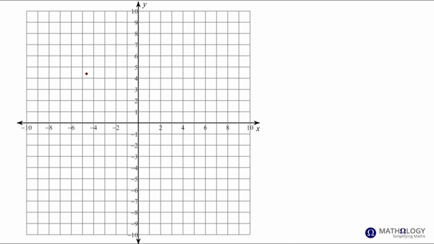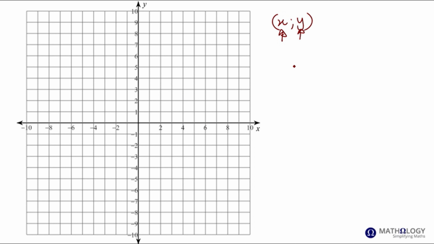We've got 1, 2, 3, 4 quadrants, and in each quadrant we have points. Points are listed as x, y. So a point consists of an x coordinate and a y coordinate. The x coordinate is listed first and then the y coordinate. So we start on the x-axis and then we plot a point according to its corresponding y value.